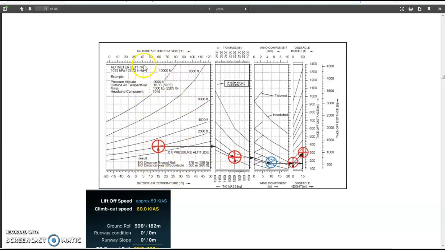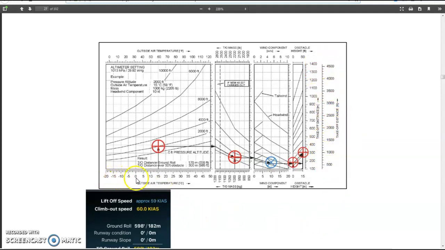If you notice, the top part has Fahrenheit, then the weight of the aircraft in pounds, the wind component in meters per second, the obstacle height from 0 to 50, and then the takeoff distance, and the takeoff distance with a 50-foot obstacle calculation.